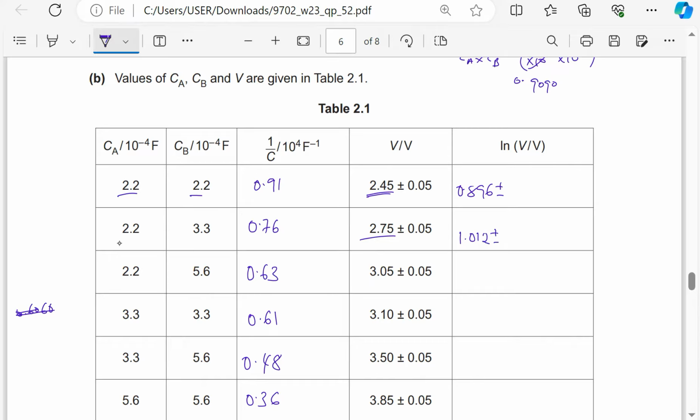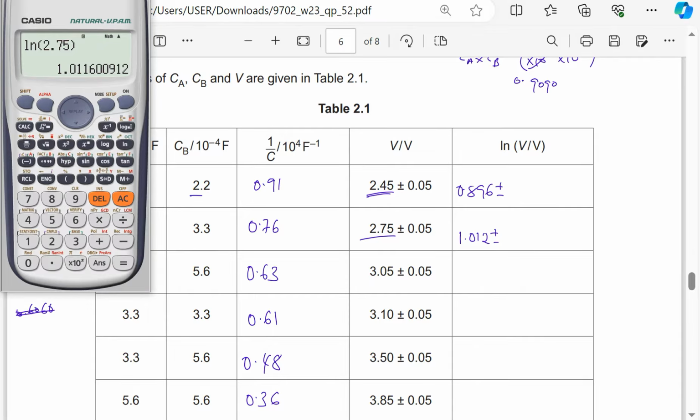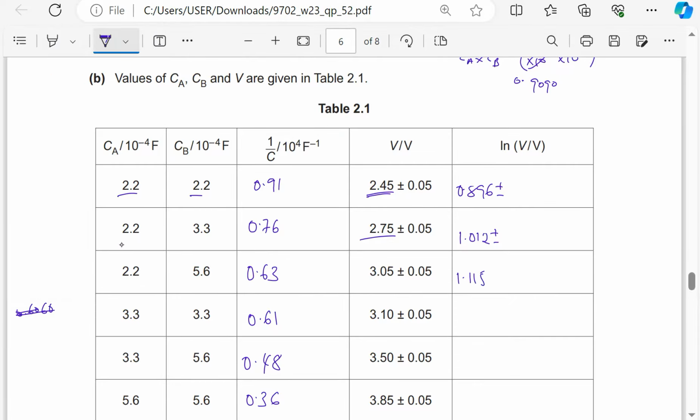Here I have written 3 decimal places. Then ln of 3.05 is 1.115 plus or minus.